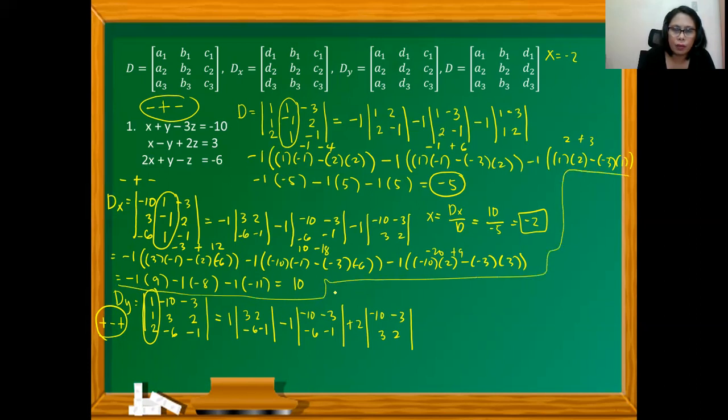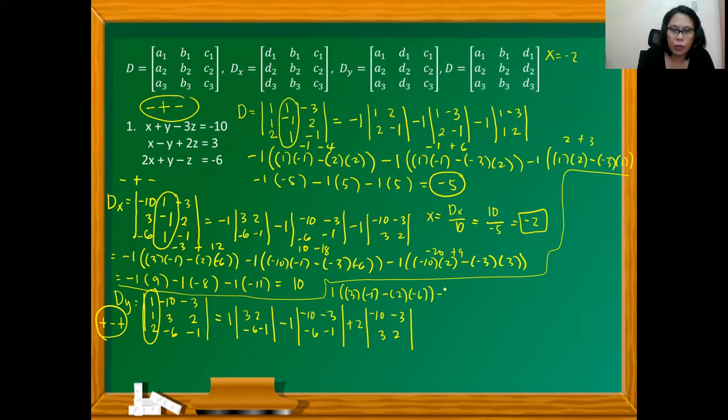Okay, so let's place the answer here. So we have 1 quantity 3 times negative 1, and then minus 2 times negative 6. Okay.